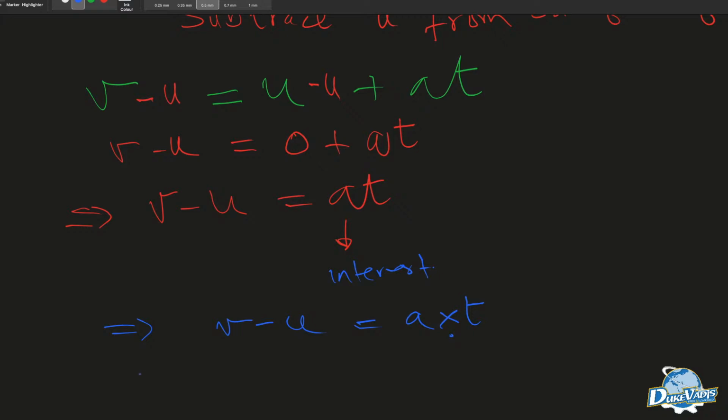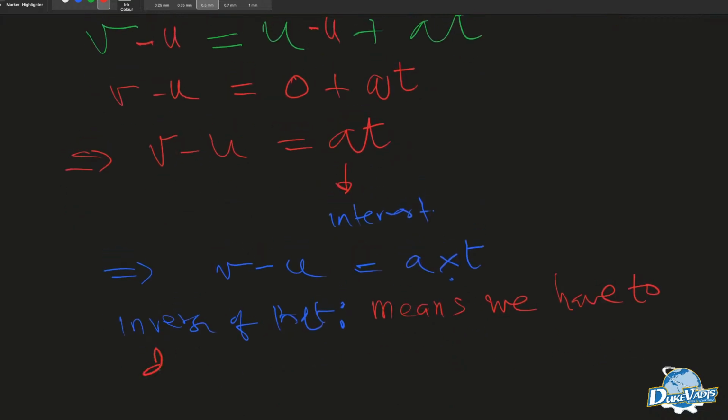So the inverse of that means we have to divide both sides of the equation by T, because we want A to stand alone.